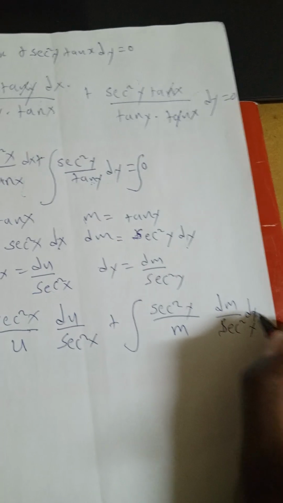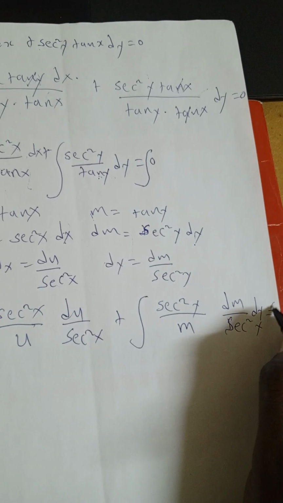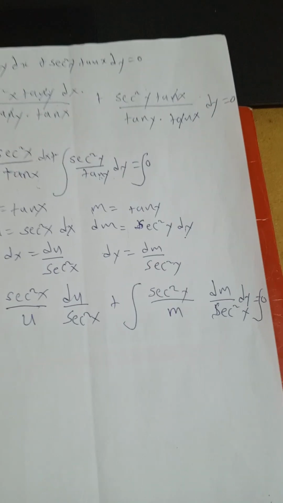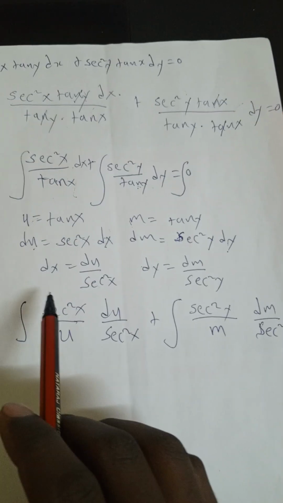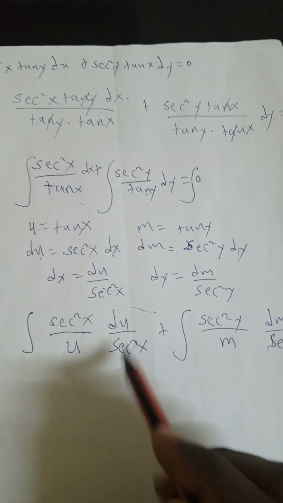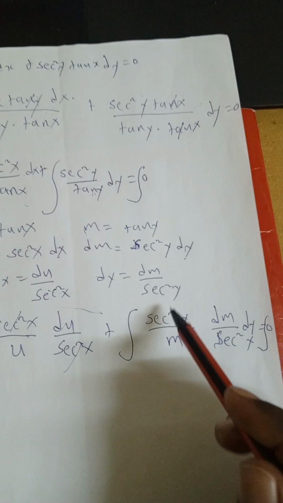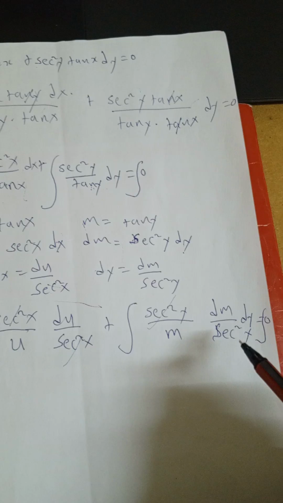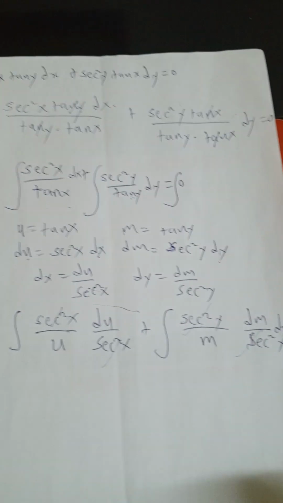This is all equal to the integral of 0, which is the integral of a constant. Now we can see that this and that will cancel. It's the same thing, sec²y and sec²y will go as well.